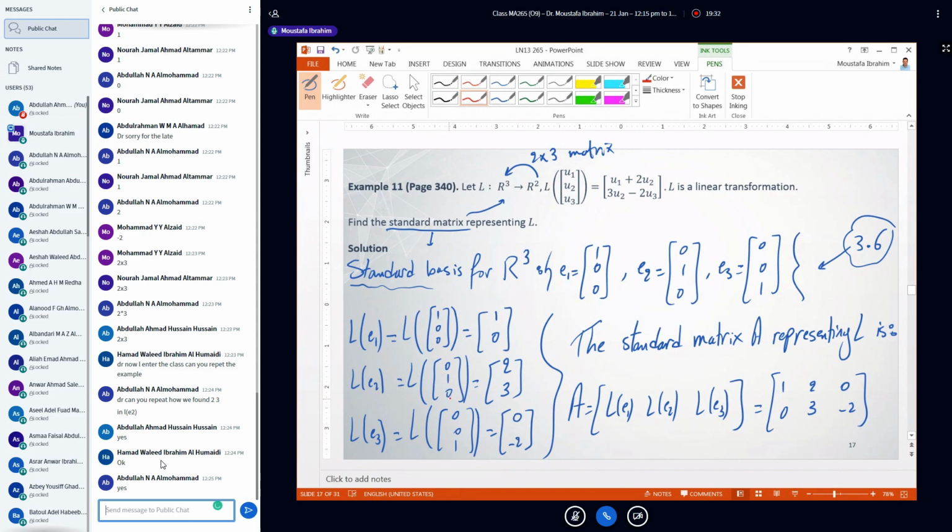Minus 2 multiply 0, nothing, so 3. Clear? You do the same for LE3. So the standard matrix by definition is LE1, LE2, LE3. You put them here and you get this matrix. Understood? Understood, Hamad and Abdullah?